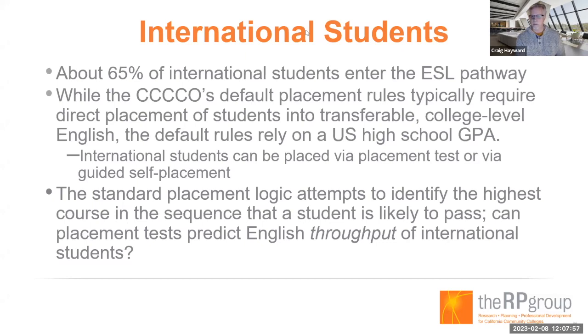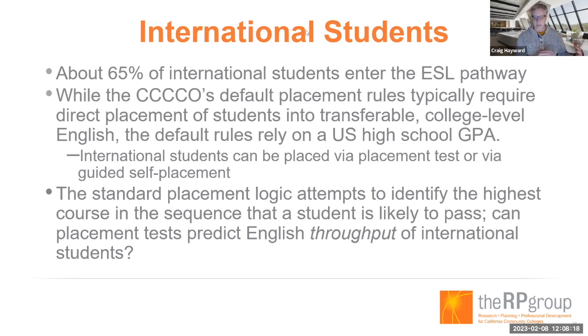International students are a completely different sort of kettle of fish, if you will. These are students that do not have that high school GPA. So tests may be an appropriate way to place students. It's still on the table. It's still an option.